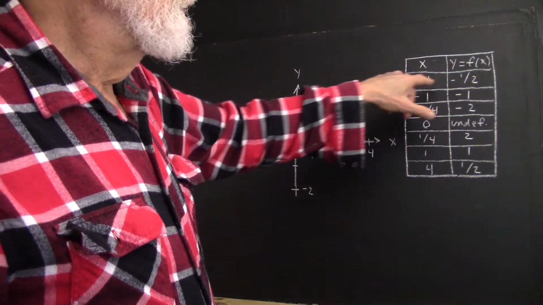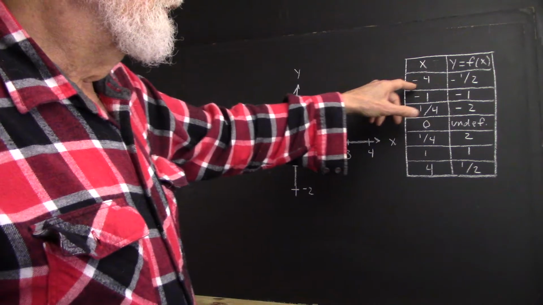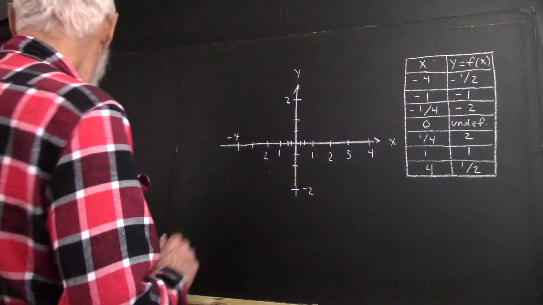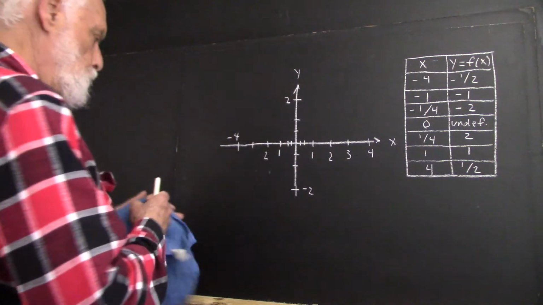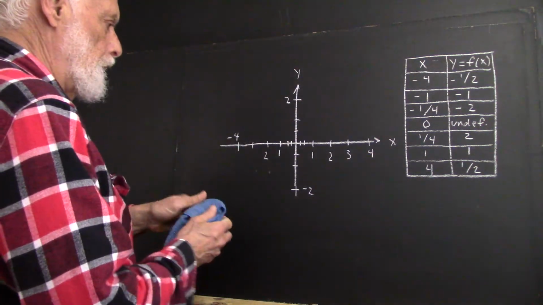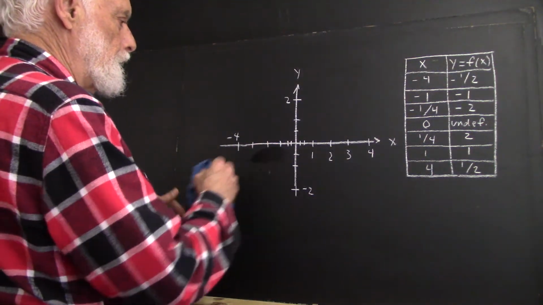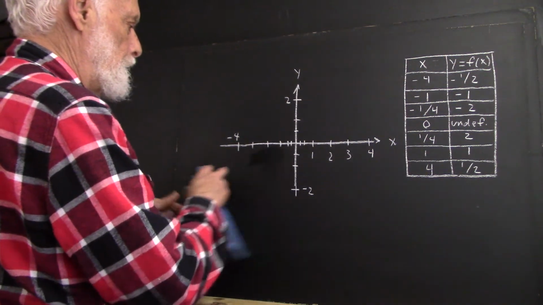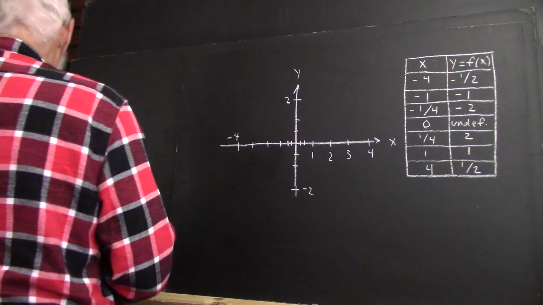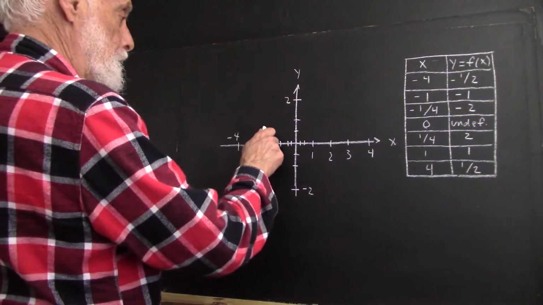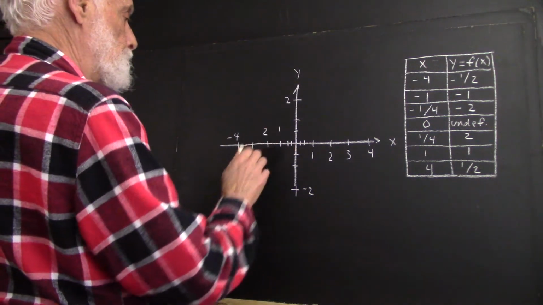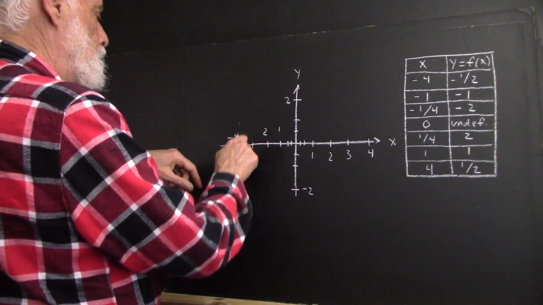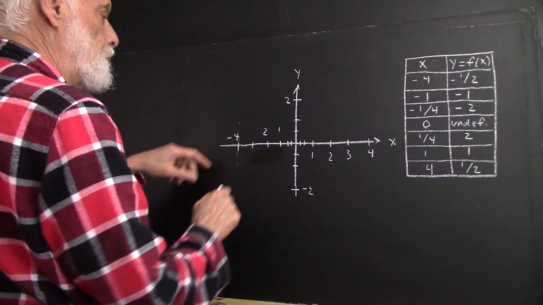Okay, so we're going to locate the point -4, -1/2, and I labeled my 2 and my 1 below the axis, and that's going to get in my way when I try to locate this point, as you'll see. So here's 2, here's 1. Okay, so -4 is here, the vertical line through -4.